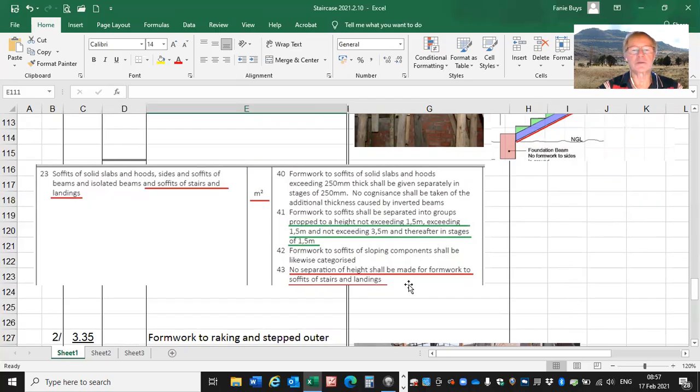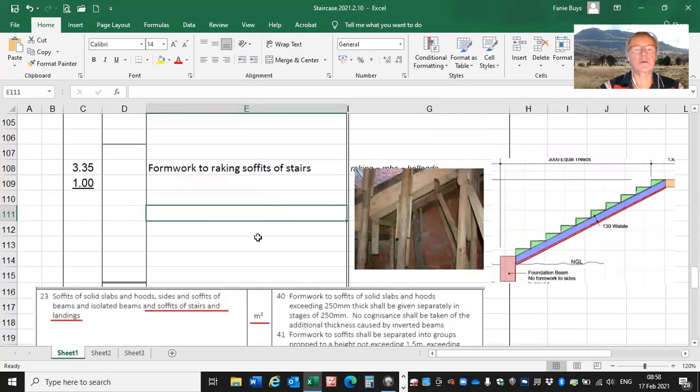But it also says, subclause 43 there, no separation of height shall be made for formwork to soffits of stairs and landings. So when we describe the formwork to the stairs and the landings, we do not have to state any propping up categories as stated in that clause there. It is also measured in meters square.